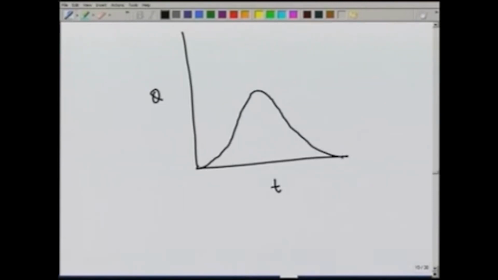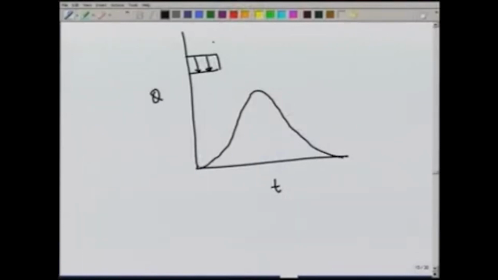So, there is only direct runoff component up to this point. Beyond this we have base flow in the river, but we are not showing it, and the corresponding hydrograph can be shown like this. So, this is a very simple description of the hydrograph for a uniform rain occurring over the catchment.